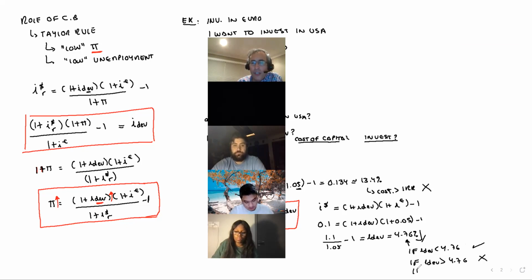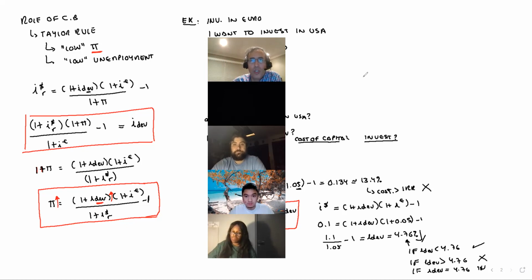And the third case is obviously if this number equals 4.76, so you are indifferent. Right? Make sense?